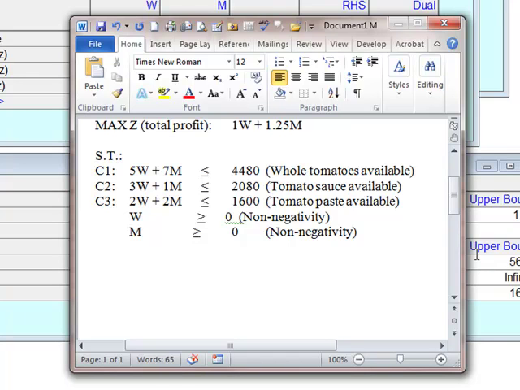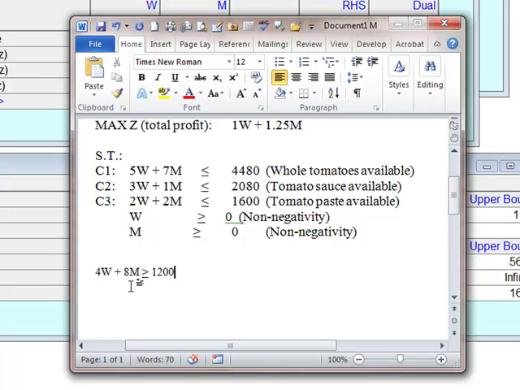Let's say, and this is not part of this problem, that we have this relationship: W plus 8M greater than or equal to, let's say, 1200.